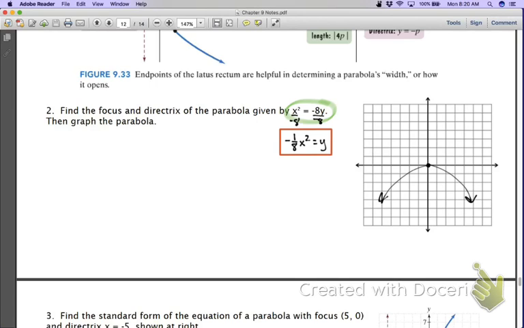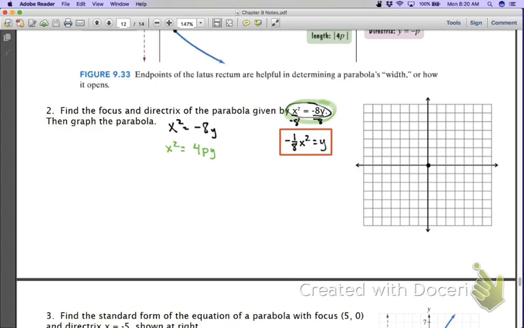Essentially. Make sense? Okay. Now, if we need to find my focus point, I'm going to go back to my original here where it's x squared equal to negative 8y. It's the same thing just like it would be before, but now it's just x squared equal to 4py.